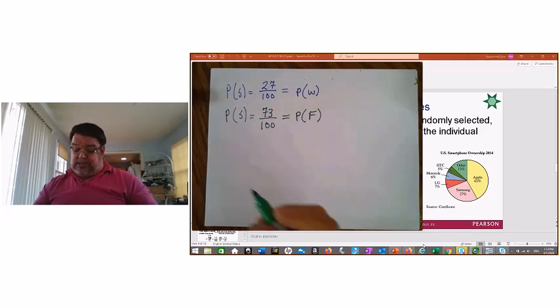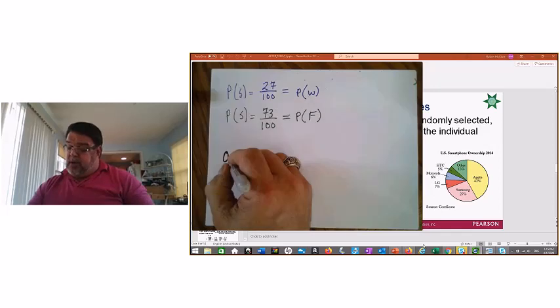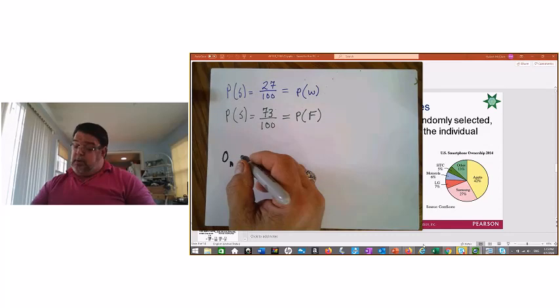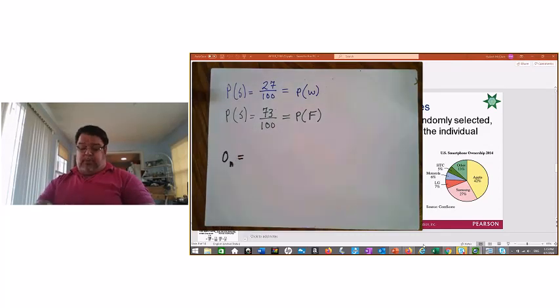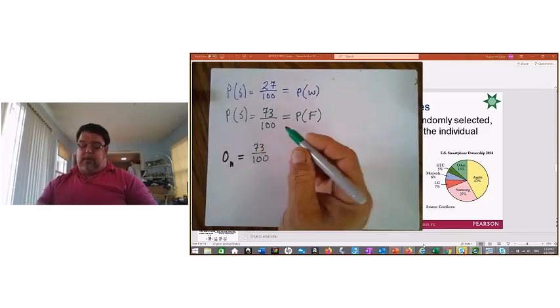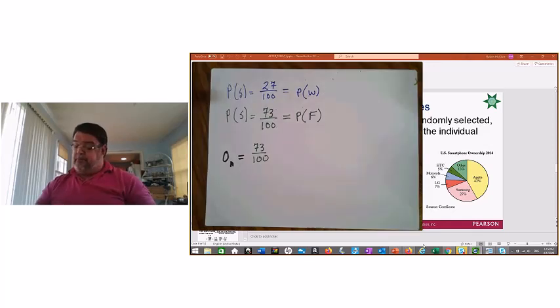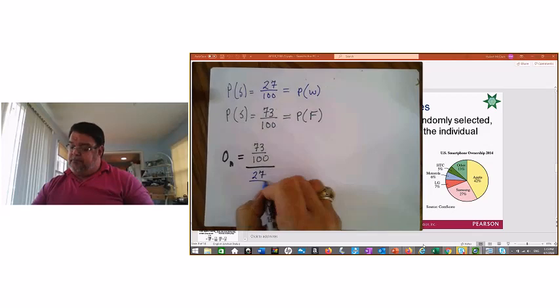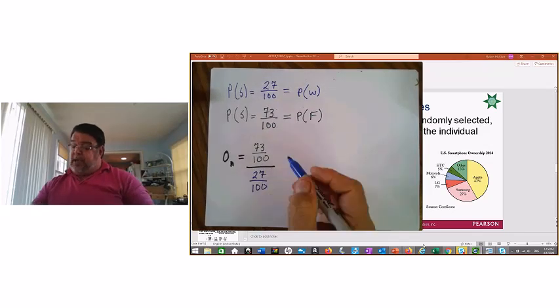So, odds against a Samsung is equal to the probability of failure divided by the probability of success. Multiply by the reciprocal.